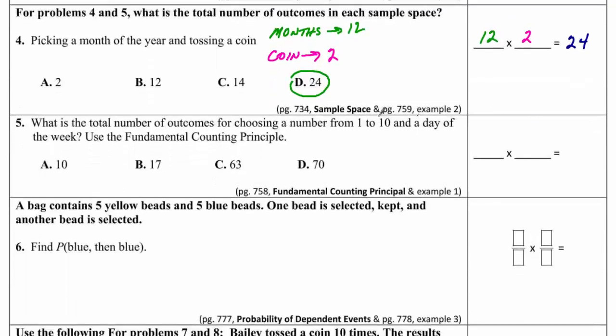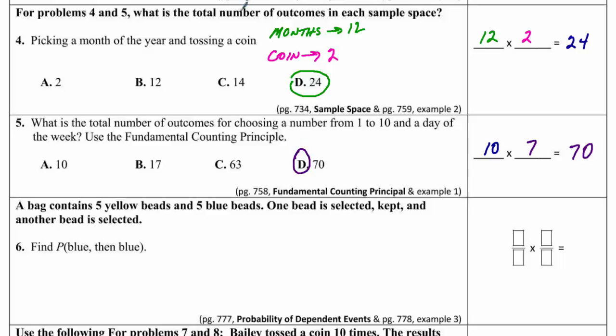Same when we get down to number 5. Outcome, pick the number 1 through 10 and days of the week. So we know there are 10 digits, number 1 through 10. The days of the week, there are 7 days of the week. So there are 70 possible outcomes that could happen.